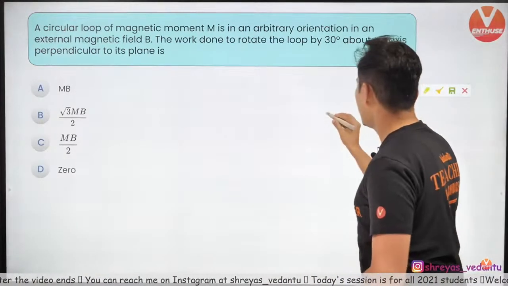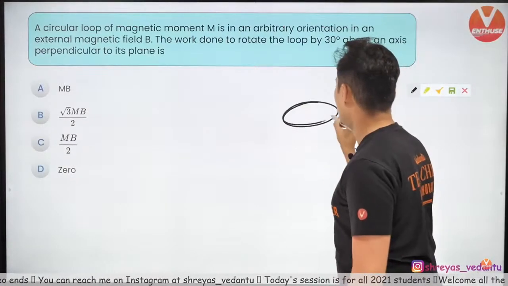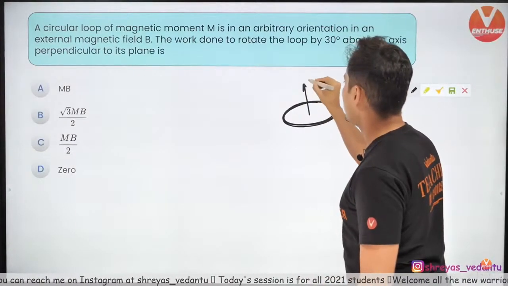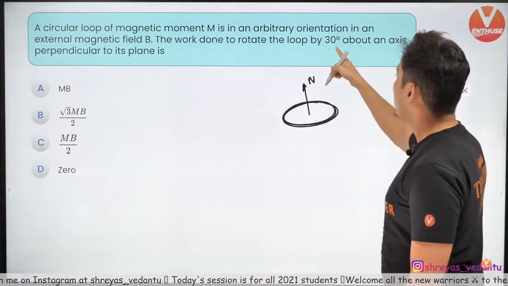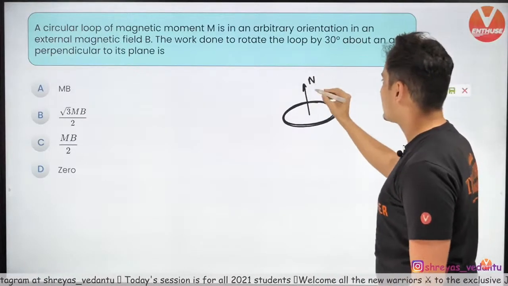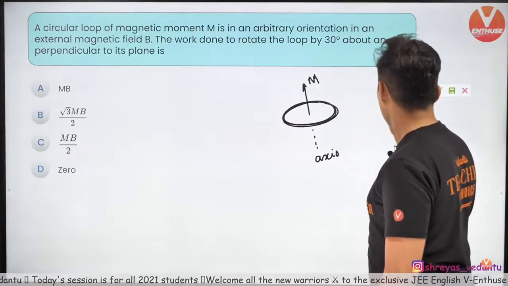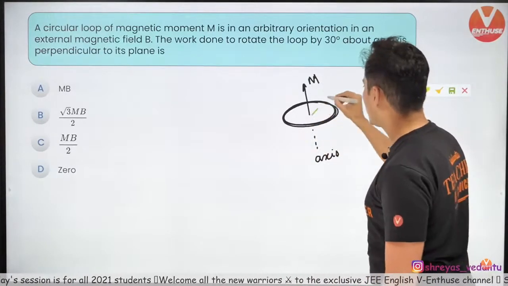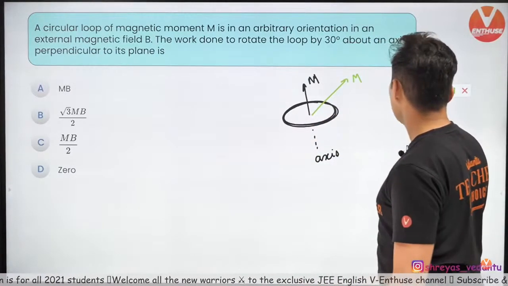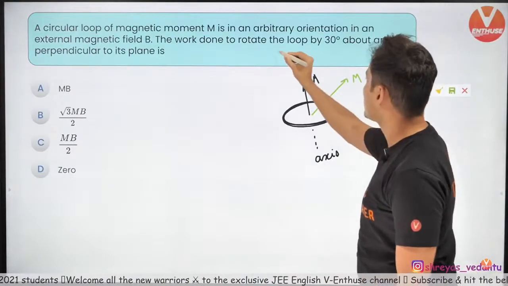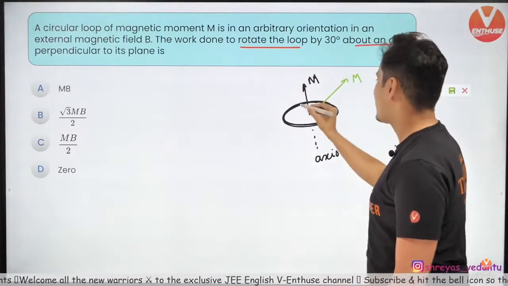Now see, this is a circular loop which will have some magnetic moment. To rotate the loop by 30 degrees about the axis, this itself is the axis. Maybe there is a magnetic field like that. Please remember, it's given in the question, it is rotated about that axis.